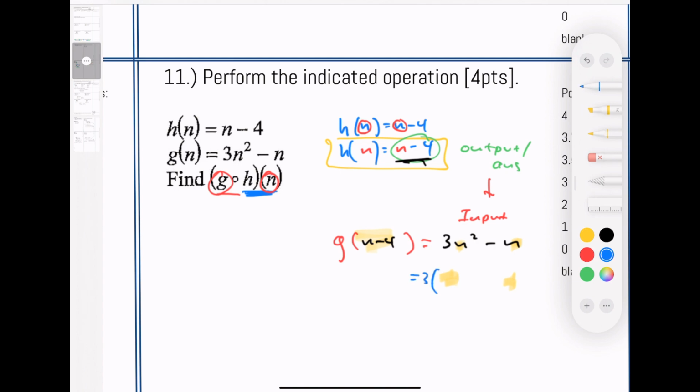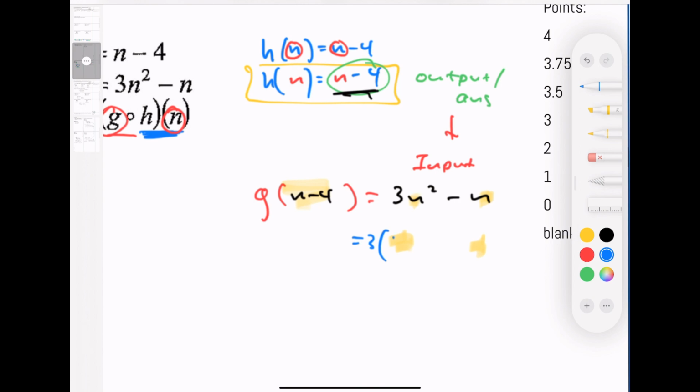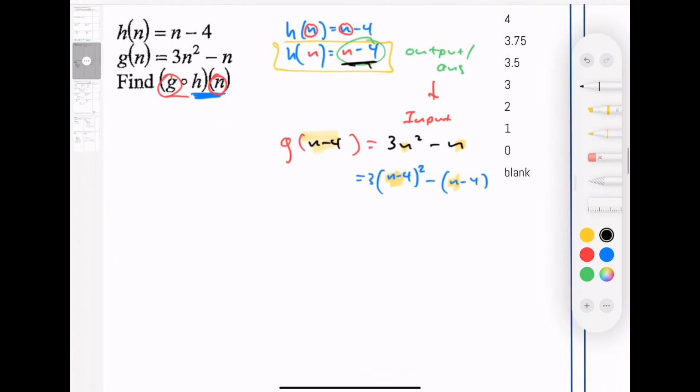So 3 times, remember substitution, n minus 4 squared minus n minus 4. I'm going to simplify by using the order of operations. Let's use a different color here.